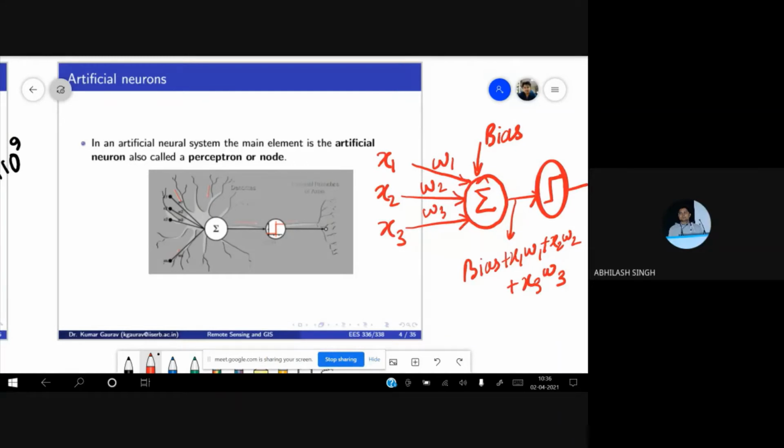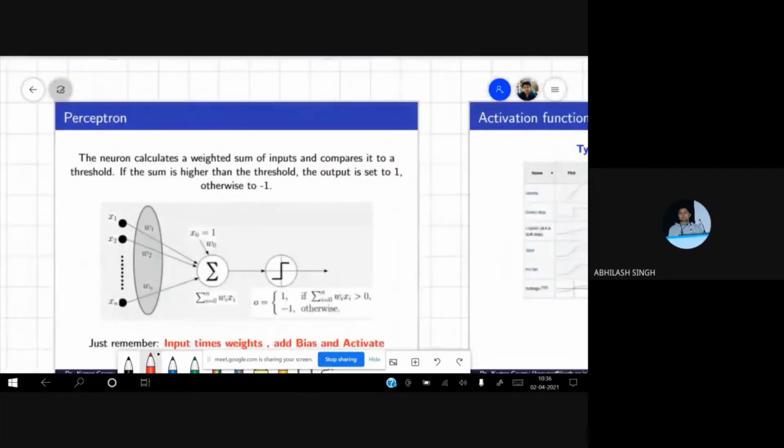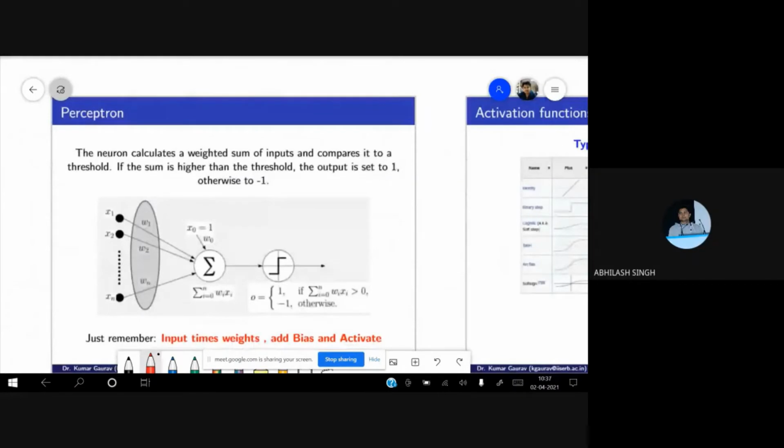This is what I have discussed already: this is the bias term, these are the inputs, these are the weights, and here we get a summation of wixi.